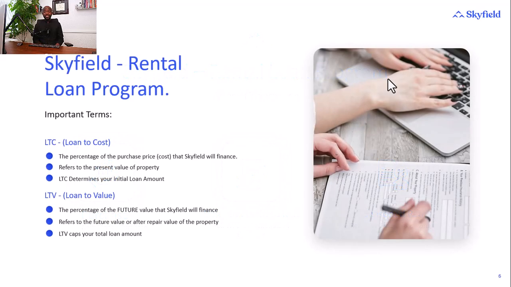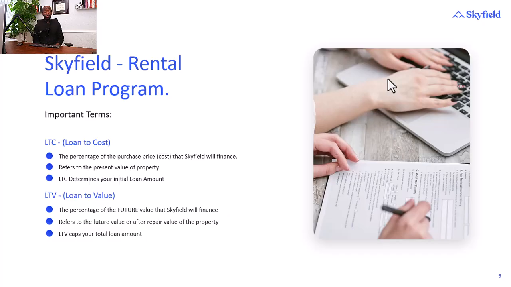Some other things that you need to know is going to be the important terms. And these terms are going to apply for our loan product or another lender's loan products. The first term that you need to know is going to be the loan to cost term. So loan to cost typically refers to the present value of a property.